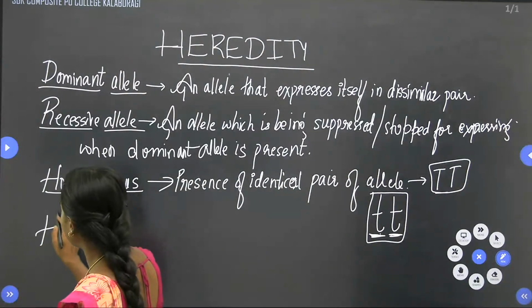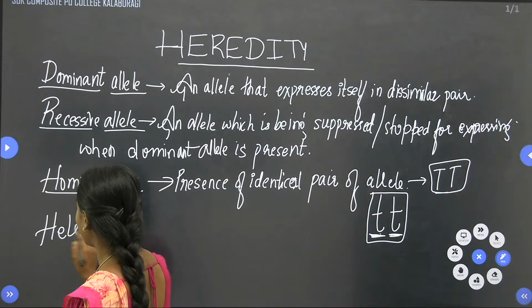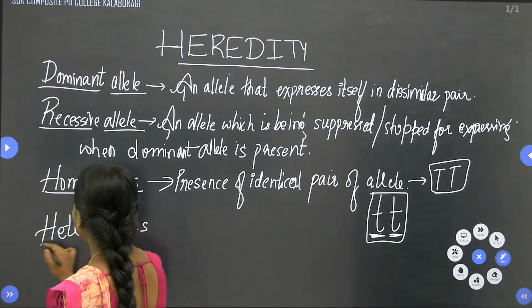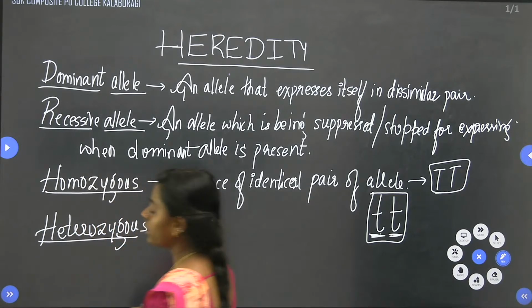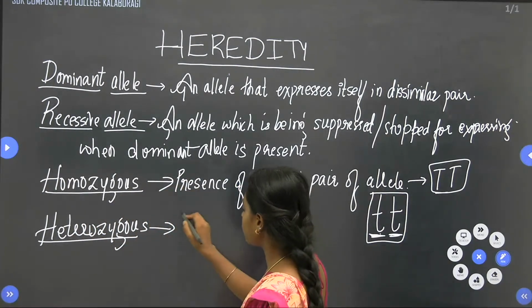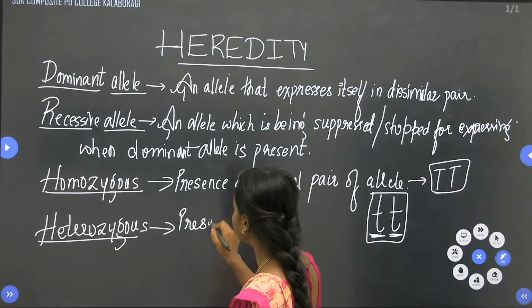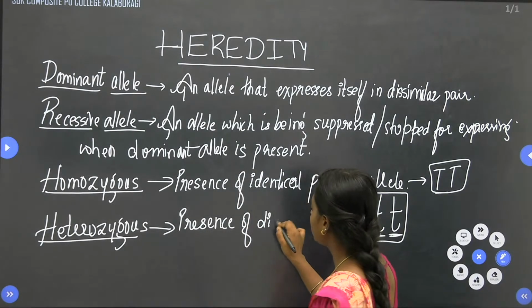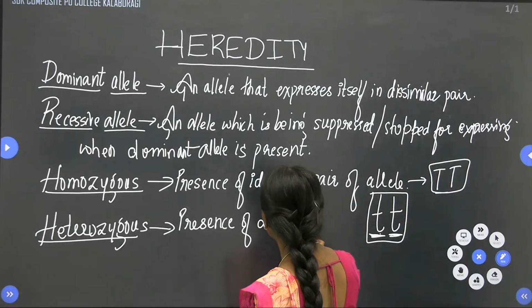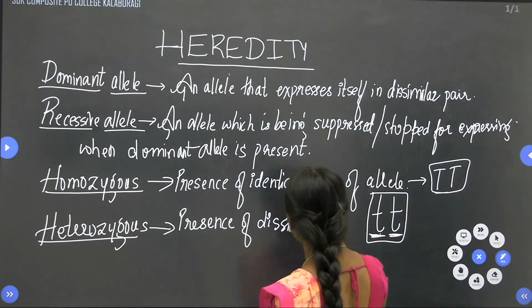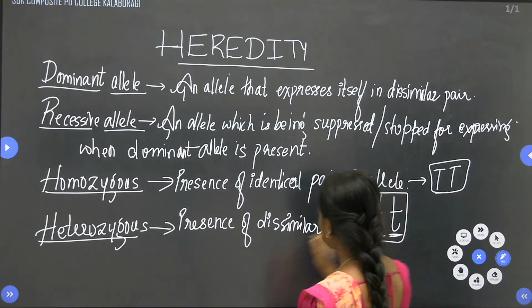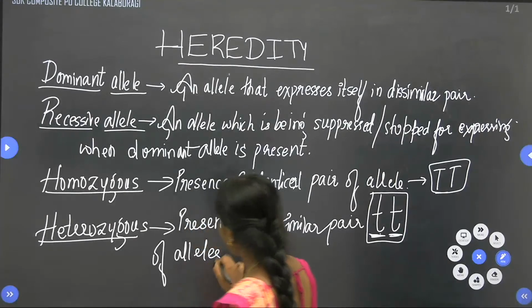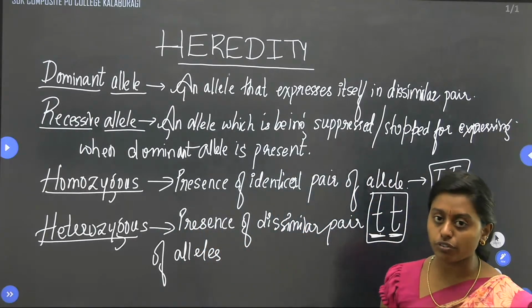Or there can be another genetic composition, that is heterozygous. Heterozygous refers to the presence of a dissimilar pair of alleles.